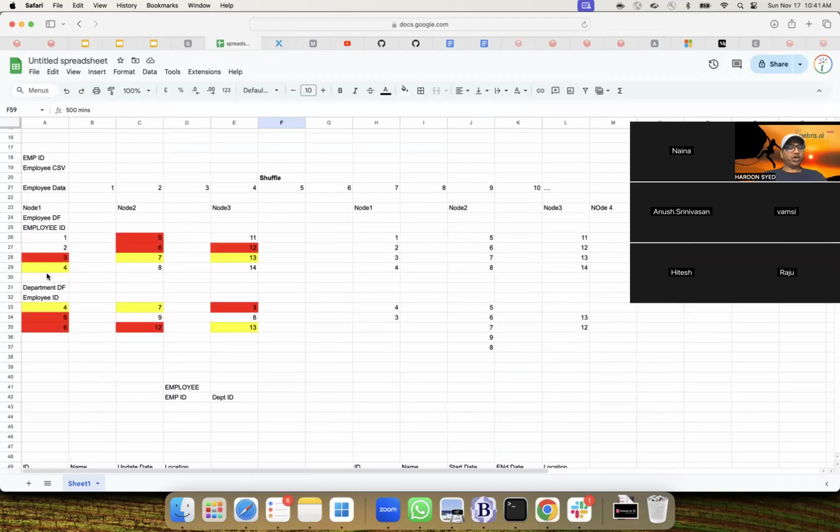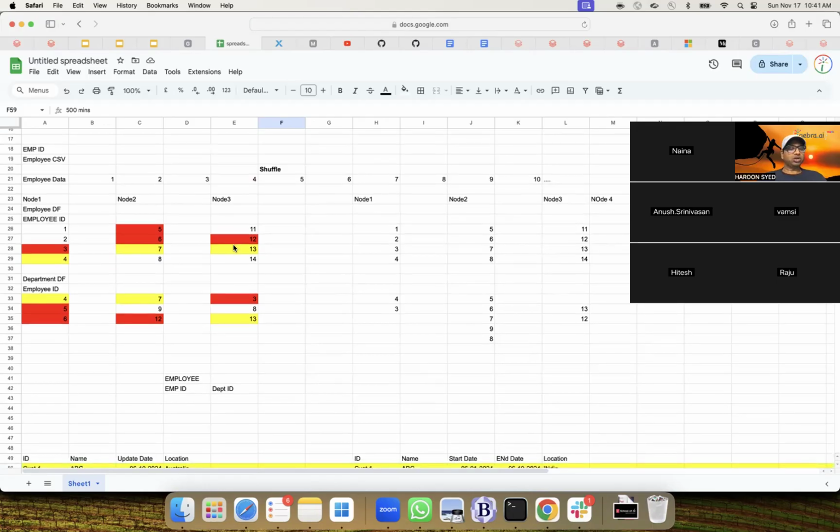So for example, we're talking about employee and department. I'm just giving an illustration, and say I have different nodes: node 1, node 2, node 3, three nodes. On node 1, I have 4 employees. On node 2, I have 4 employees. On node 3, I have 4 employees. This is the employee data with department ID.